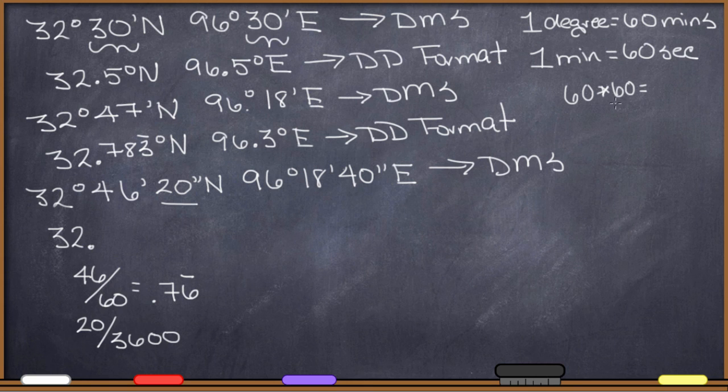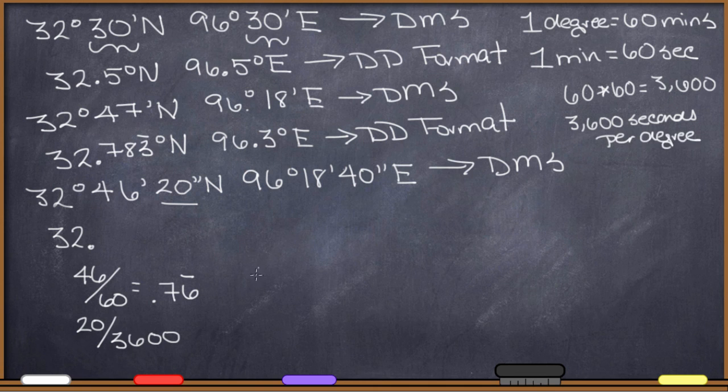Well, what happens when you multiply 60 by 60? You get 3,600. So there are 3,600 seconds per degree.